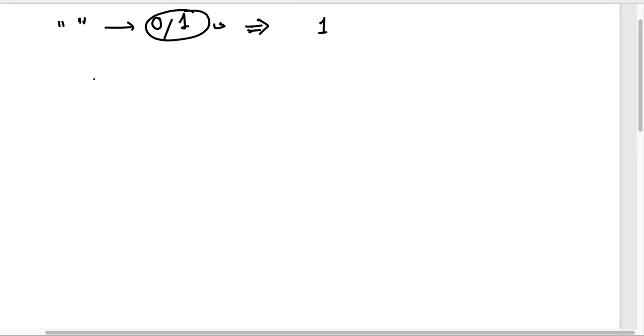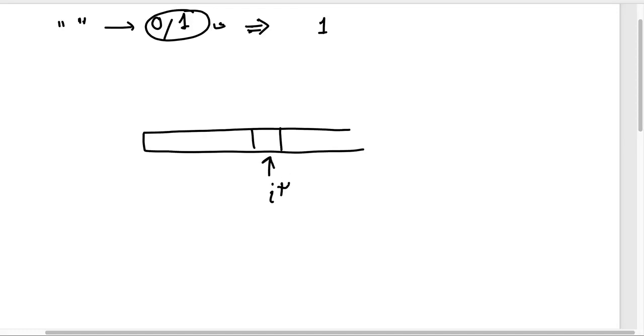And now let's say we have approached somewhere here at the ith position in the encoded message. If we know how many ways we can decode the part of the message before the ith letter, then we can also find in how many ways we can decode from 0 till the ith position.